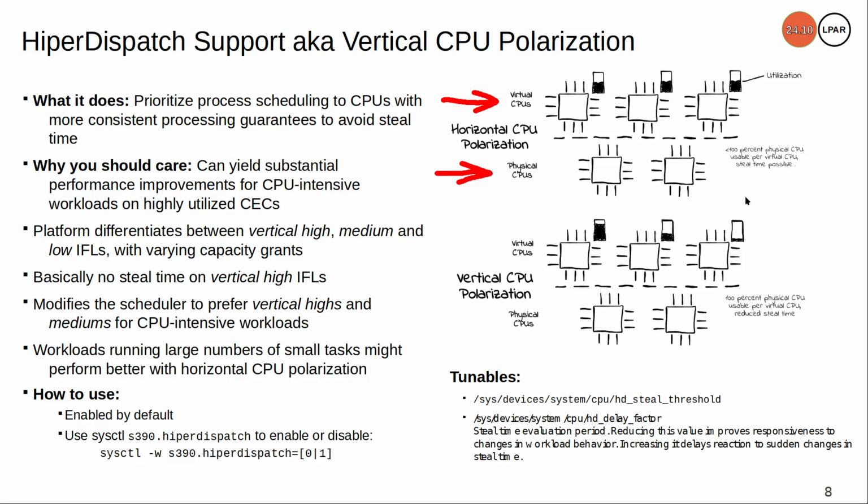And then what we do, of course, is we make sure that the scheduler prefers those vertical highs against others like vertical lows, where things get very extreme, and vertical lows basically give you no guarantee about running any workload at all. And thereby, we're utilizing our CPUs way more efficiently than we would.